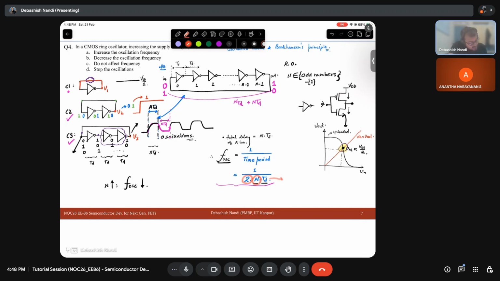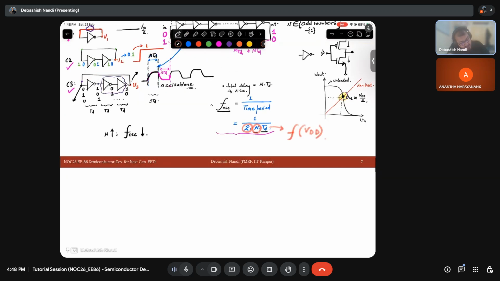TD, right? TD is a function of supply voltage. We need to see how TD changes with respect to VDD. So what is TD dependent on? What is TD? Delay of one inverter. The more correct term is propagation delay of one inverter, right? So what is an inverter?